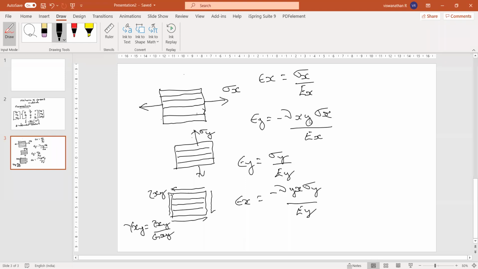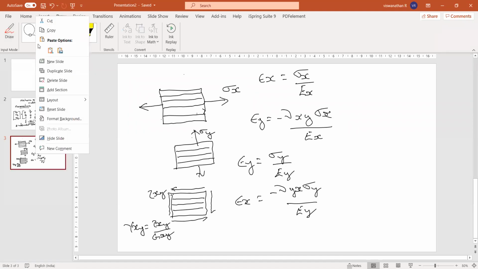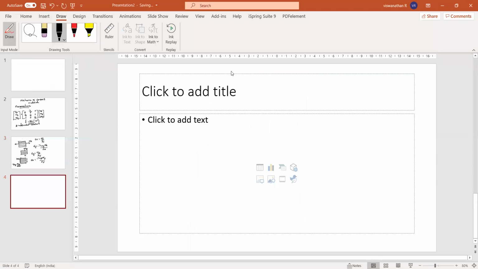So this is a major Poisson's ratio. You have a major and a minor Poisson's ratio. So how many independent constants are there in this now? If we write the matrix, first we'll write the matrix.